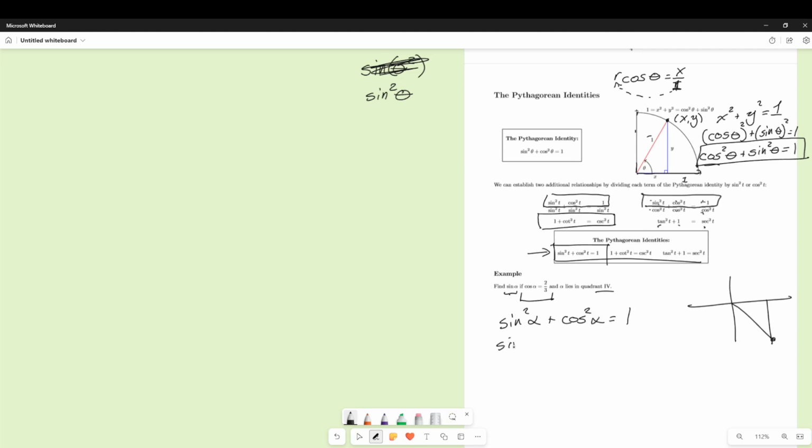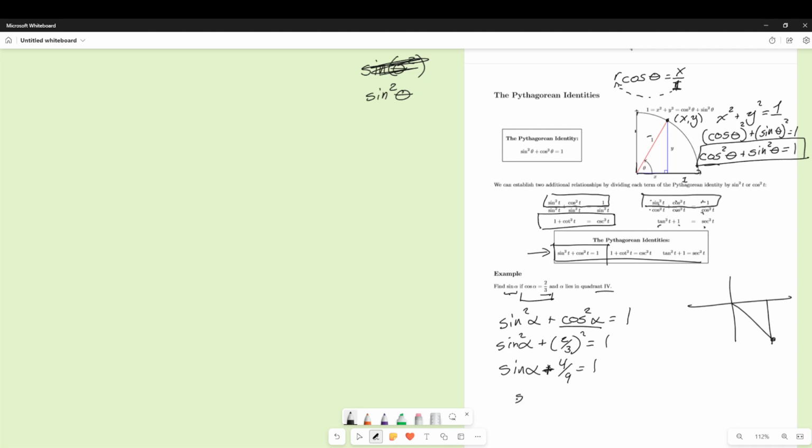So the square of the sine value plus, we know the cosine value because we're told it, 2/3 squared has to equal 1. So sine squared theta plus 2/3 squared, which is 4/9, equals 1.